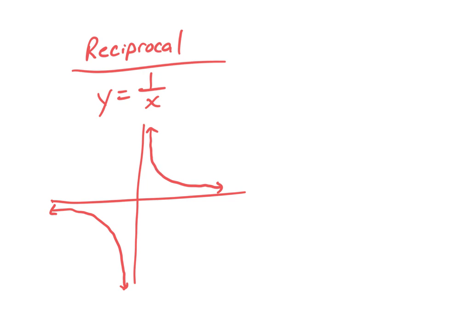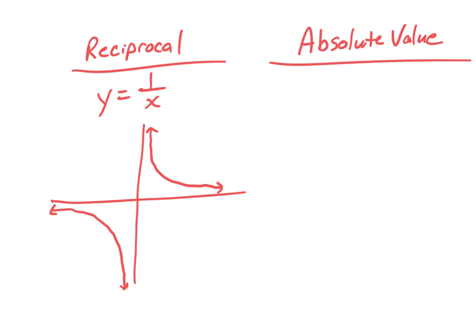Okay, and then the last one we're going to talk about today is the absolute value function. And the names of these all pretty much tell you what's going on. Here we're taking the absolute value of x. This is another one we saw a little bit in chapter 1. It would be one of those where we would put it into our calculator.